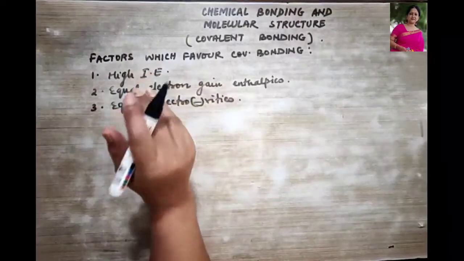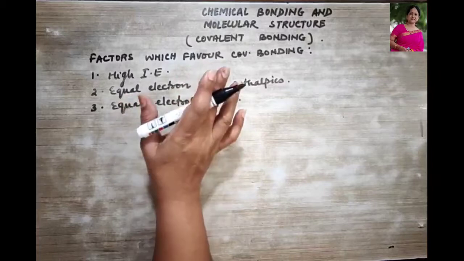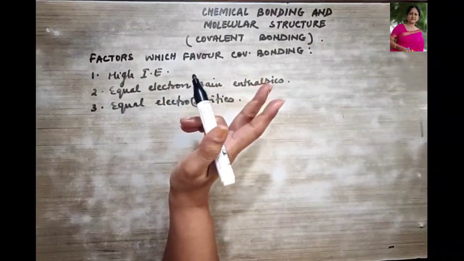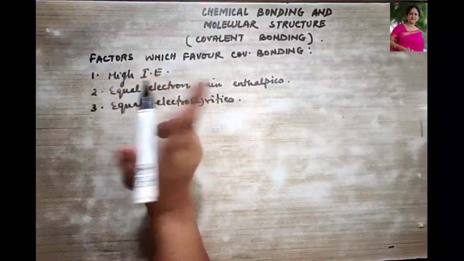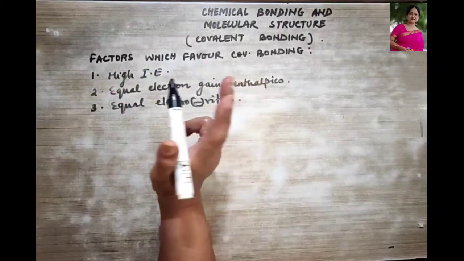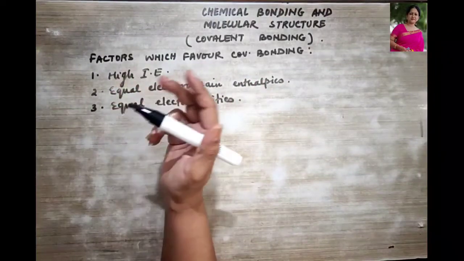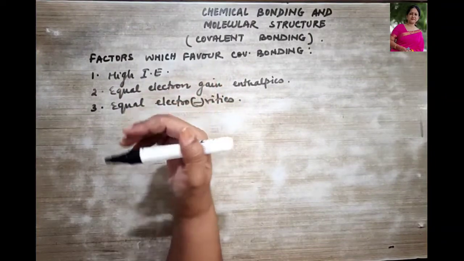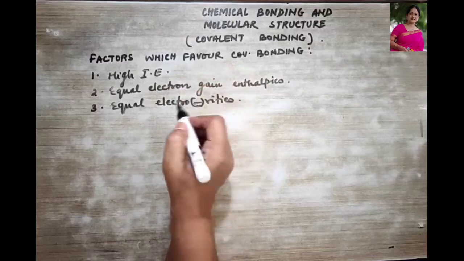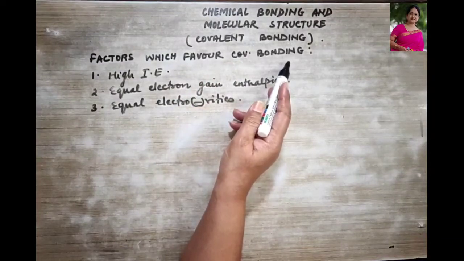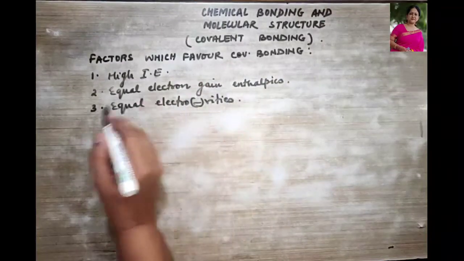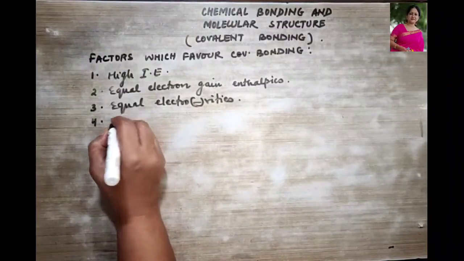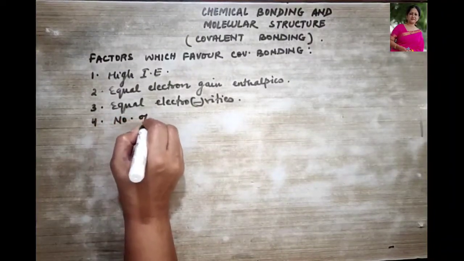An atom will not transfer the electron or electrons to the other atom if the electronegativity difference between the two atoms is 0 or very small. Such atoms prefer to share electrons, that is, they form covalent bonding. Clear? Then we come to the fourth point, the number of valence electrons.